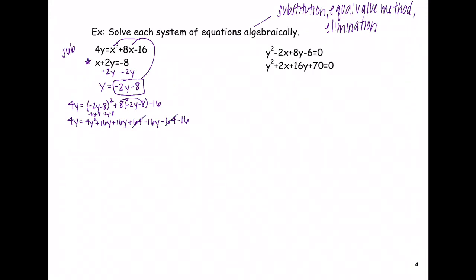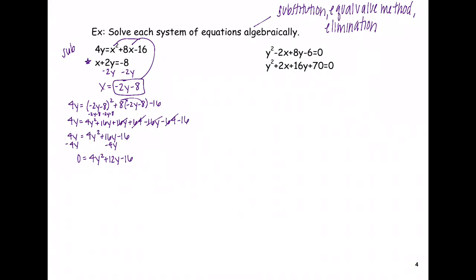Negative 64 and positive 64 cancel out. 16y and negative 16y cancel out. So I have 4y squared plus 16y minus 16. I need to move my 4y by subtracting it. So I have 0 is equal to 4y squared plus 12y minus 16.